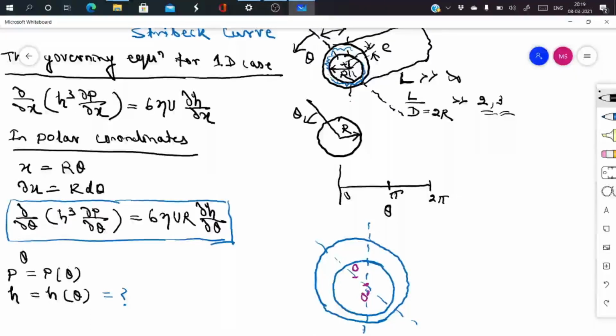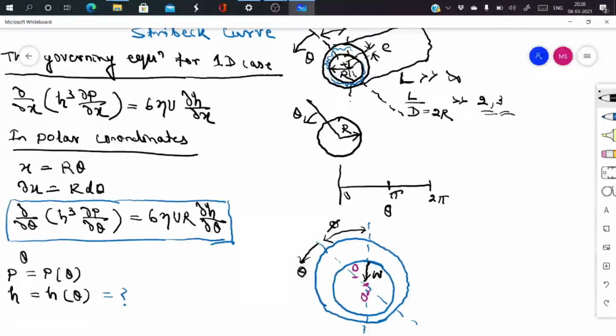There is some load acting here, which is W. Now this is the angle phi, and you measure your coordinate system from here, which is theta.